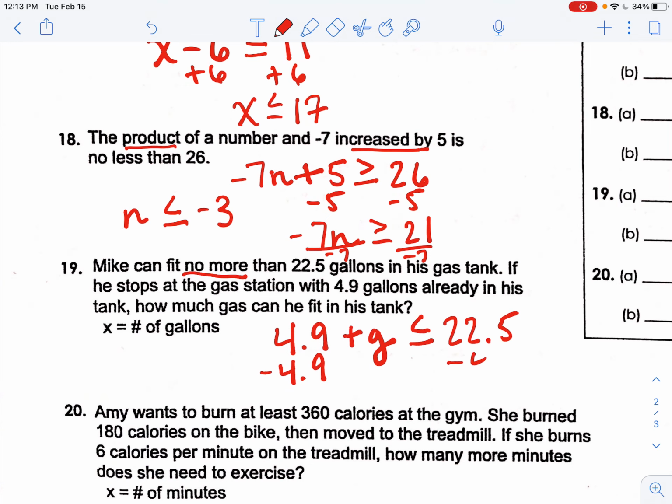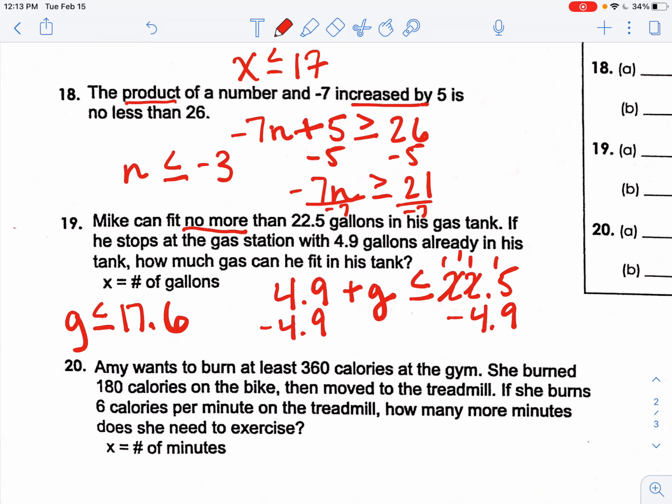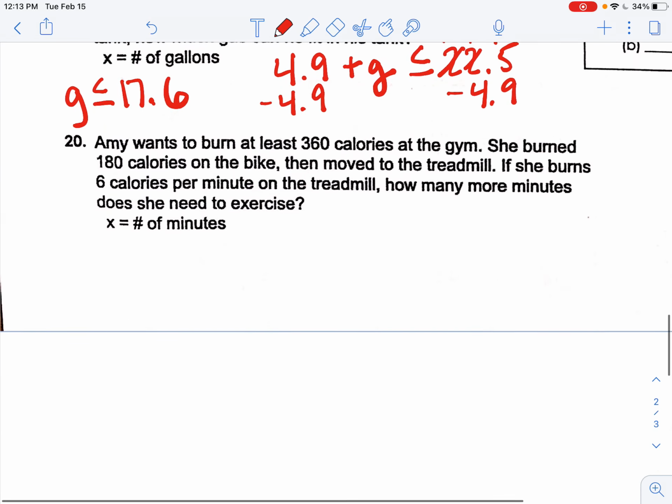Minus 4.9 from both sides, and G is less or equal to 17.6. So how much can he fit? He can fit 17.6 gallons or less than that.